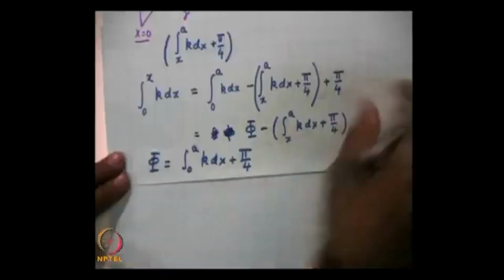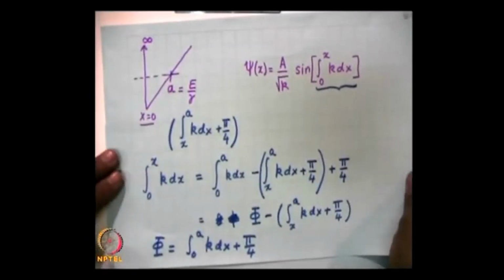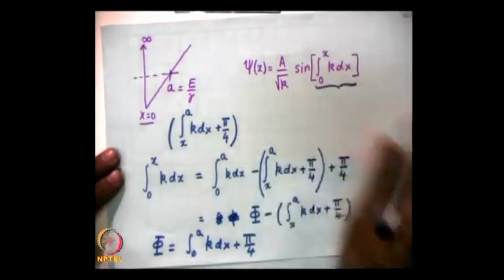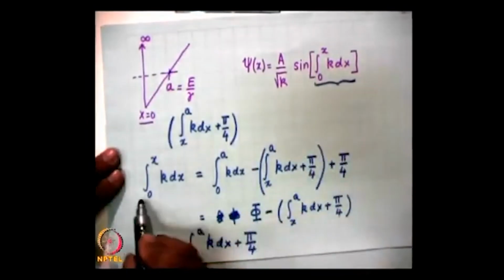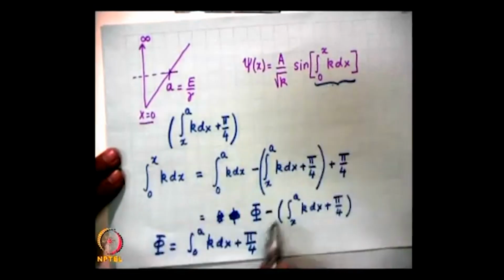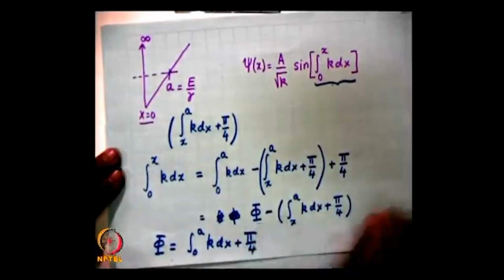So, the wave function is psi of x equal to A by root k sine of this argument.